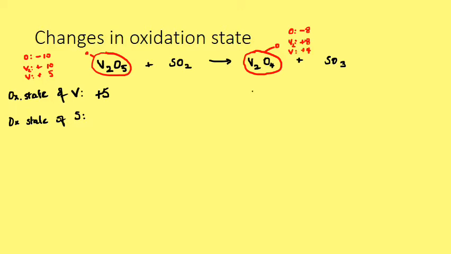Let's write in +4 for the oxidation state of vanadium, just to make that clear. So that's vanadium done, and what you can see is that vanadium has gone from +5 to +4. And how does it do that? It does that by gaining an electron. And if it's gained an electron, it's reduction. So let's write in reduction here.